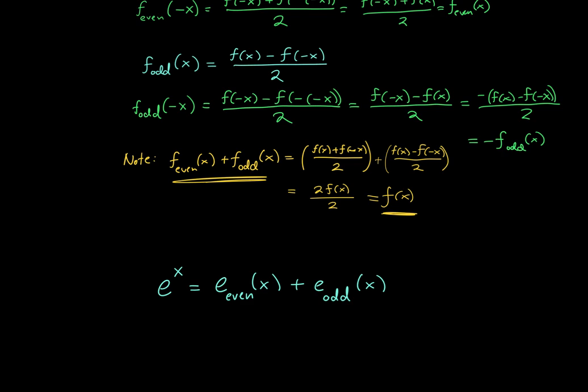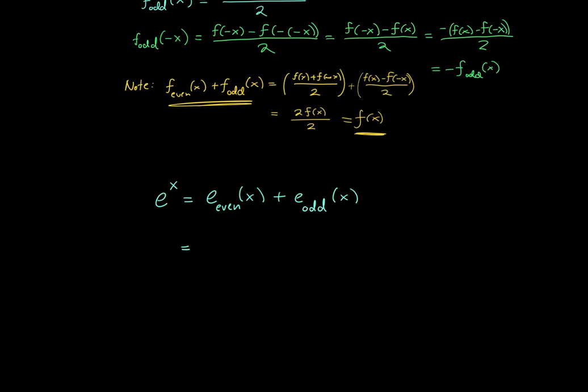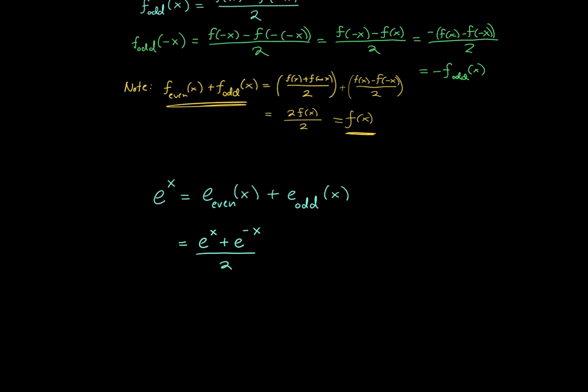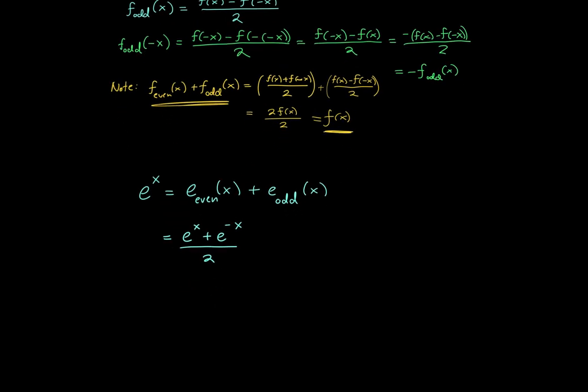But we have formulas for each of these pieces. We know what e even looks like. E even is going to be e to the x plus e to the negative x, all divided by 2. Again, that's the definition of our even function right here. All right, e odd of x is going to be e to the x minus e to the negative x, all divided by 2. And here's the big hoorah.